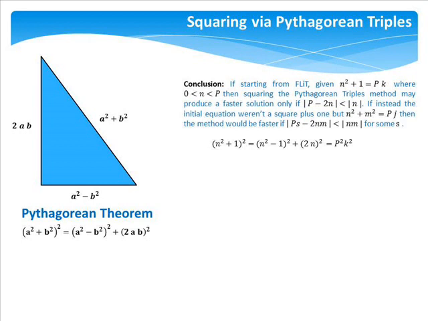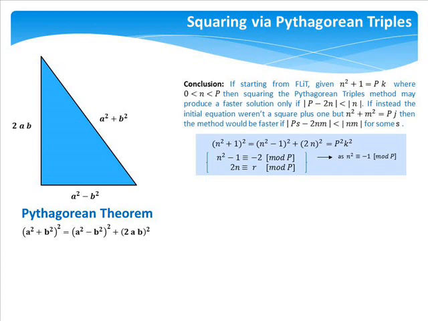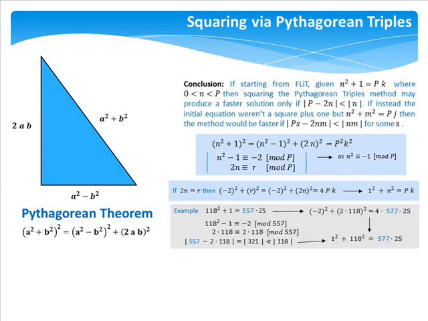Just remember the Pythagorean triples when squaring the initial sum of two squares, that is, n squared plus 1. Modulo p, the sides of the right triangle are congruent to minus 2 and some r, respectively. If 2 times n equals r, then you can see that we wouldn't advance any further. You get back to the initial equation. Case prime 557 shows when the method doesn't work, which is pretty common, by the way.